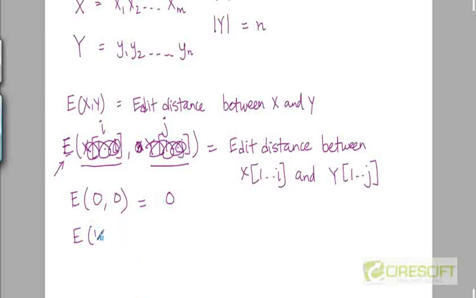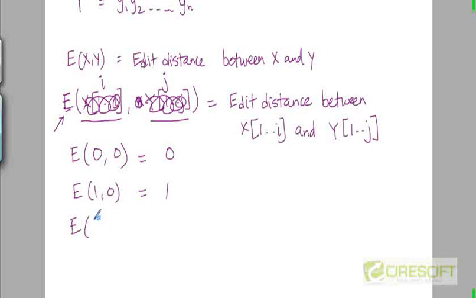What about E of 1 comma 0? E of 1 comma 0 is the edit distance between the first character of x and no character of y, the empty string. That will be 1, because you just need to do a single delete operation to transform this character into the empty string.